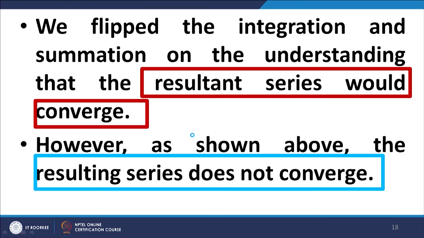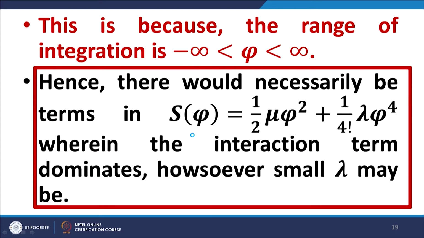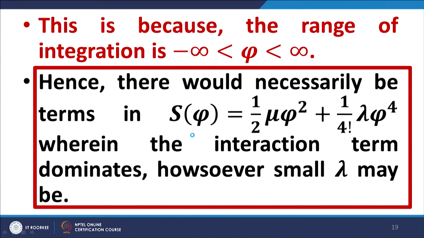However, it is clear that it does not happen that way, and we have a radius of convergence of 0. Now, why is that? We are integrating from minus infinity to infinity. Therefore, irrespective of the relative orders of magnitude of mu and lambda, there would be some terms where the lambda term would dominate the mu terms.